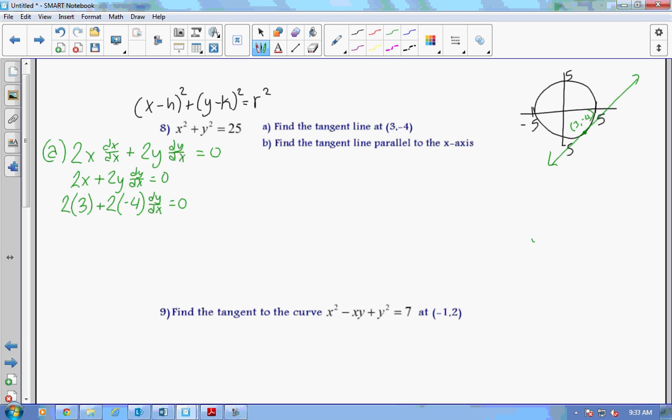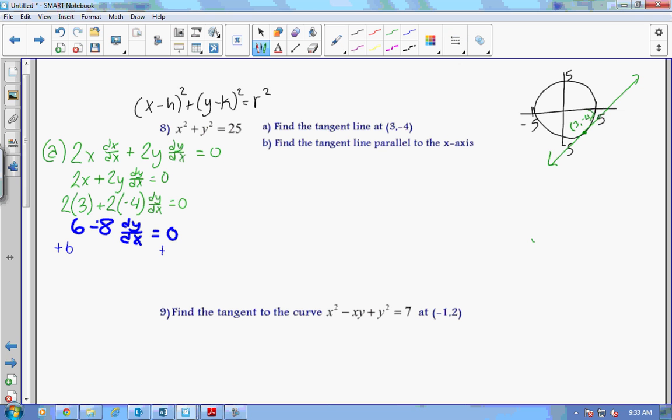The slope of the tangent line, and the tangent line's name is, what do we call the derivative? dy dx. So we have to solve for dy dx and that's the slope. So we have 6 minus 8 dy dx equals 0.